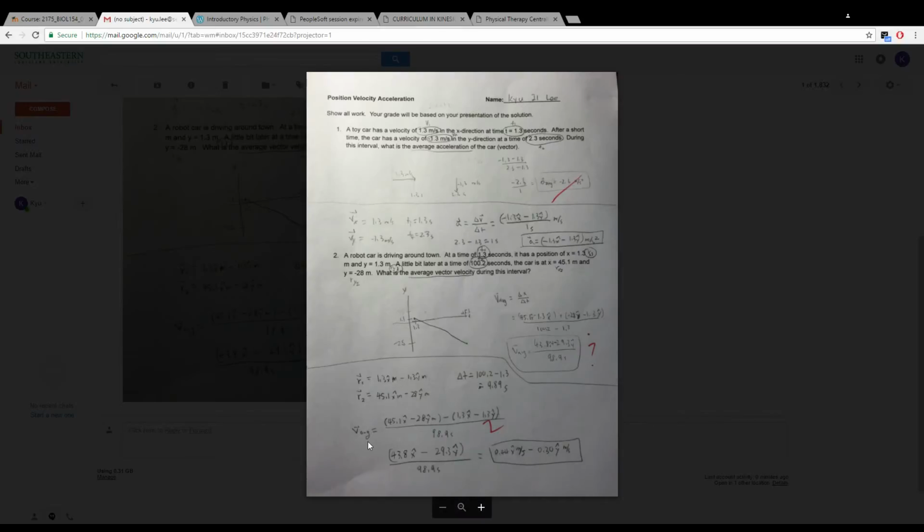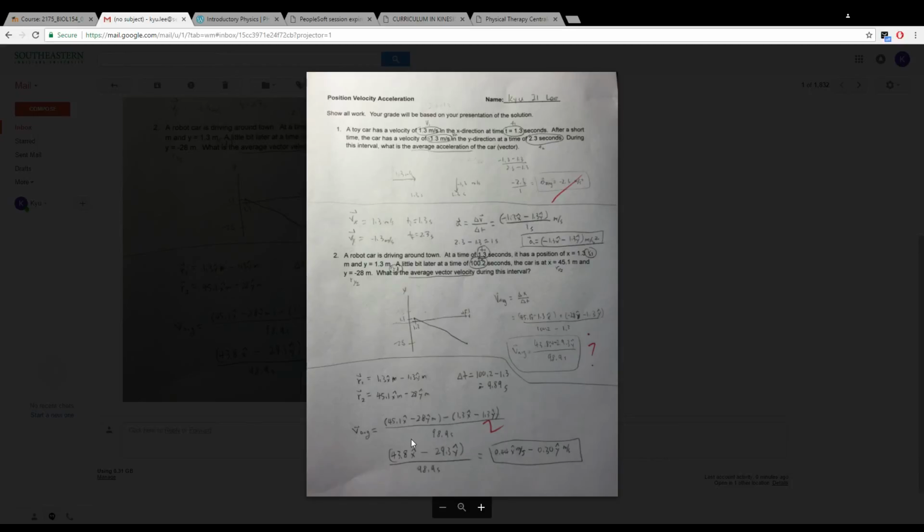And for the velocity, average velocity is delta r divided by the delta t, and it is 45.1 x hat minus 28 meters y hat minus 1.3 meters x hat minus 1.3 meters y hat, divided by 98.9 seconds.